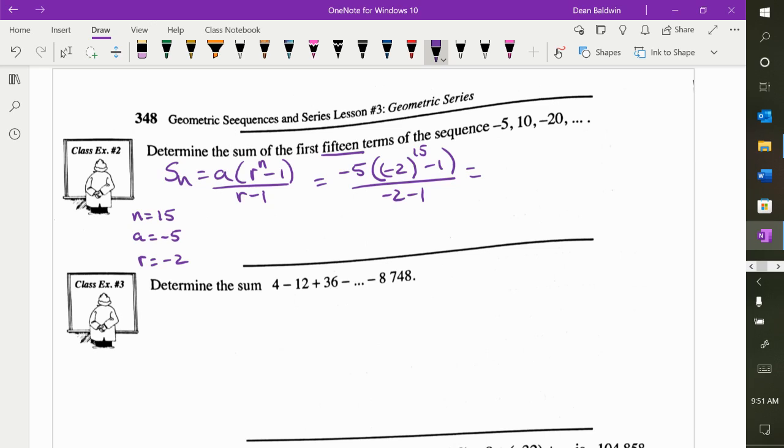Please, for the love of whatever deity, please put it in brackets, people. It's -2 to the power of 15, minus 1, times -5. You all have to do that in your calculator right now because you're going to be expected to do it on tests. Go.